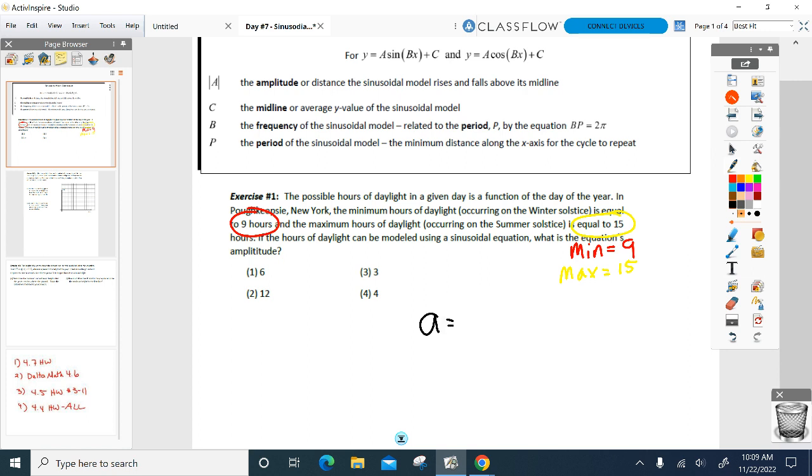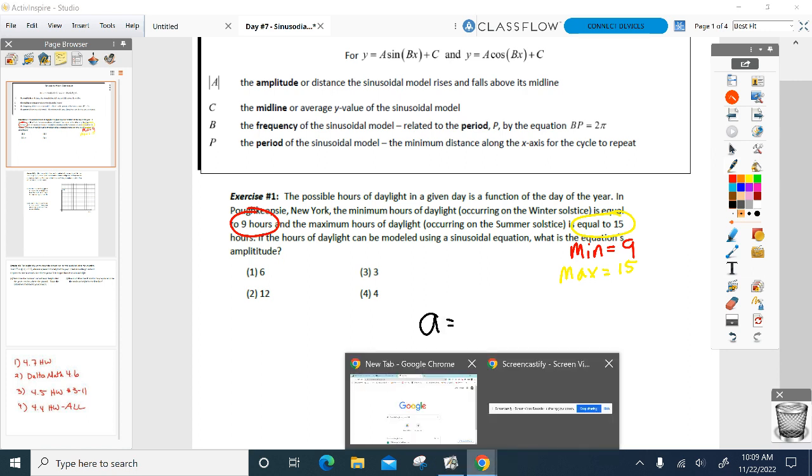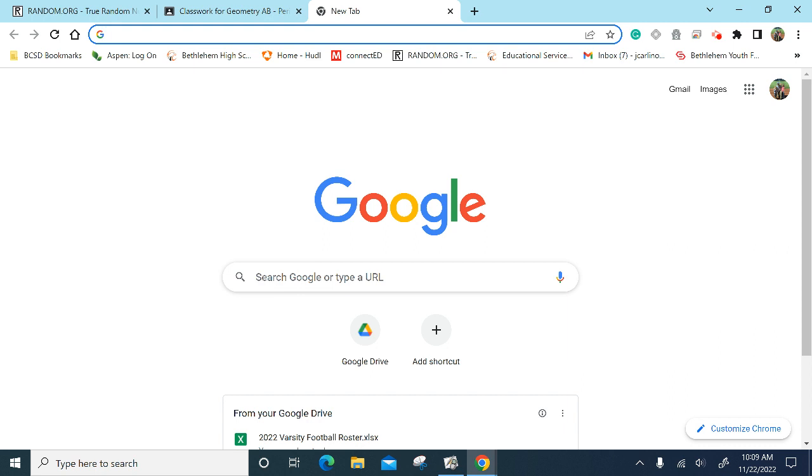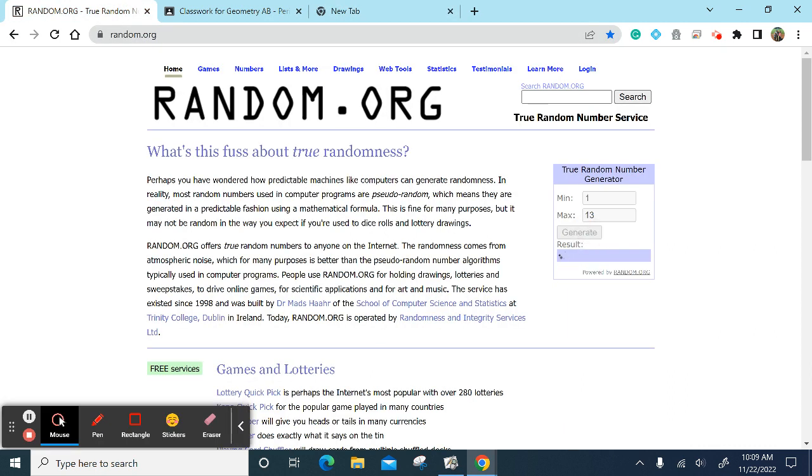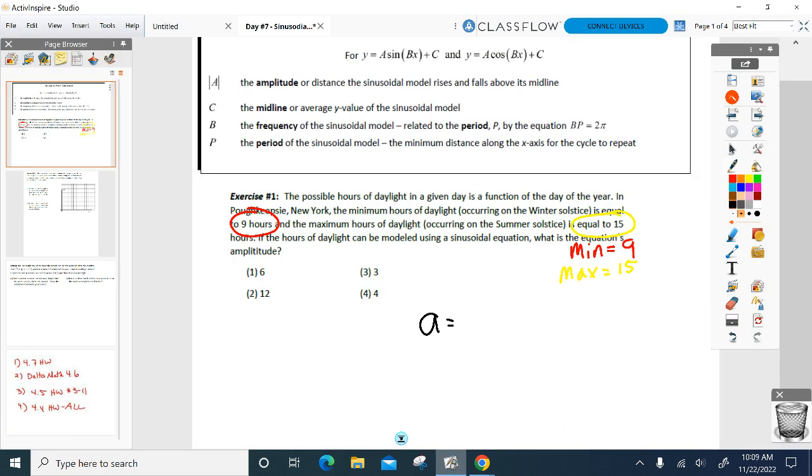How do we find our A value? We've been finding it the same way all unit. Max minus min divided by 2. Once I understand the formula and remember it, it's pretty easy now.